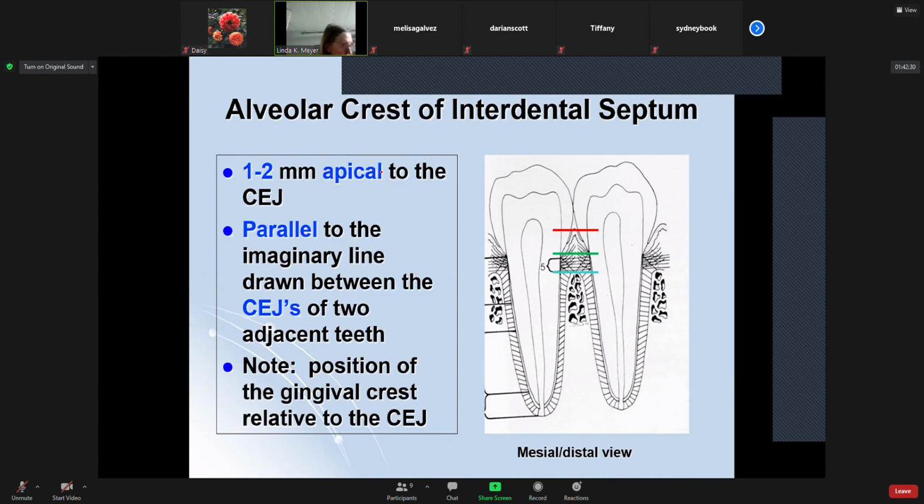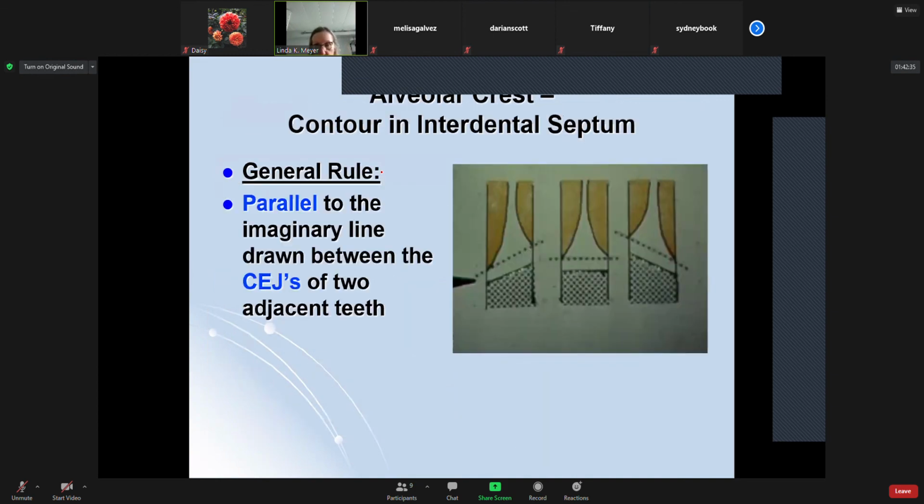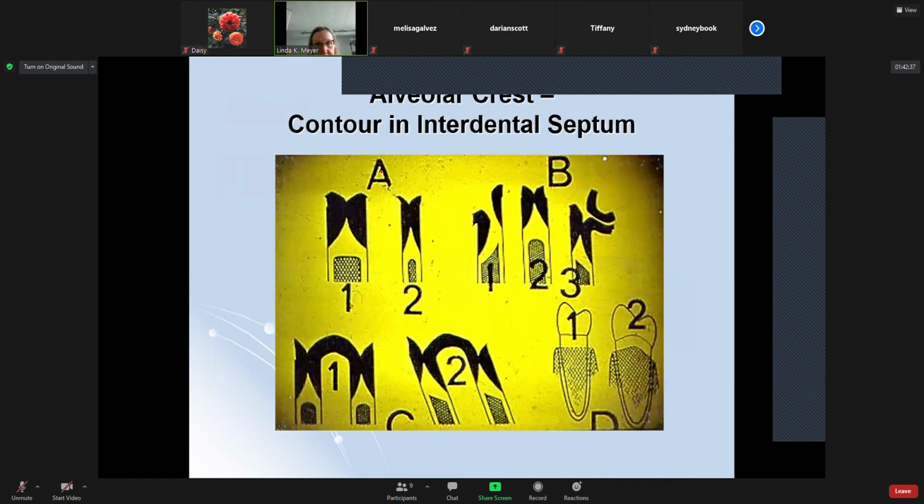So on page 7, there's this illustration right here. I'm going to look at A first, and then I'm going to look at B. What I'm doing in all these pictures is outlining the crest.